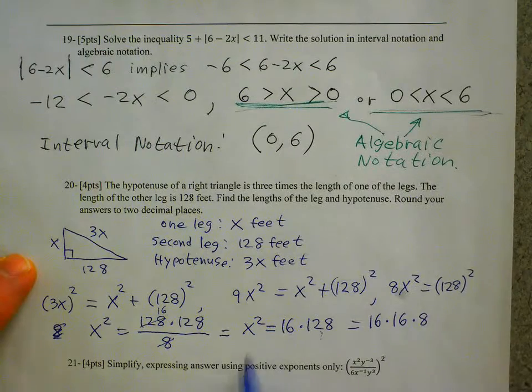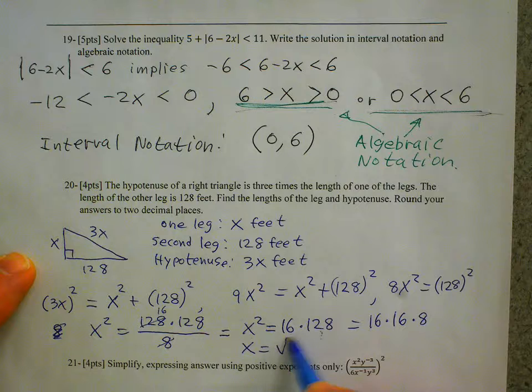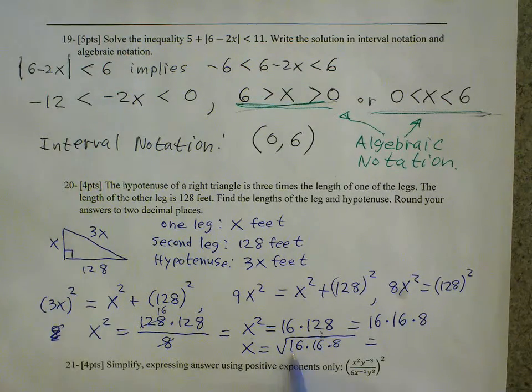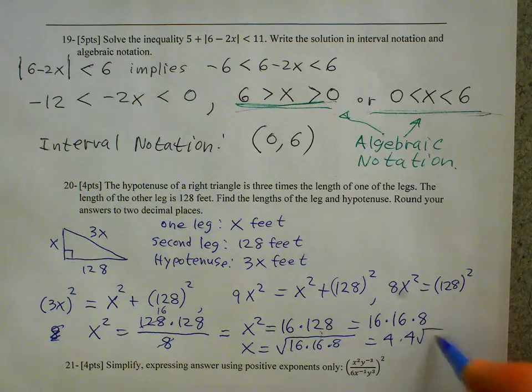And then when I take the positive square root, x is equal to the square root of 16 times 16 times 8. Well, the square root of 16 is 4. The square root of 16 is 4 again. We can simplify the square root of 8.